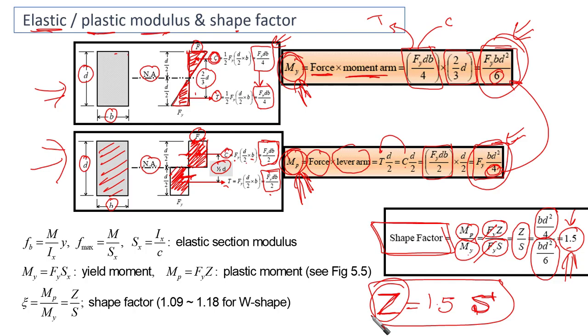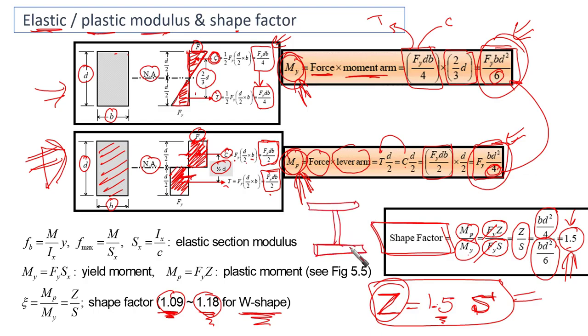Remember, this is for the case of a rectangular section. Then we need to know what is the case for other sections. So these are actually the shape factors. If we talk about our wide flange shapes, it is going to range from 1.09 to 1.18. It is much less than 1.5, much less, because actually our area is concentrated at the edges of the cross section, not like the rectangular section.